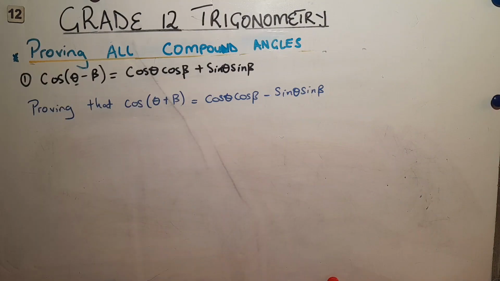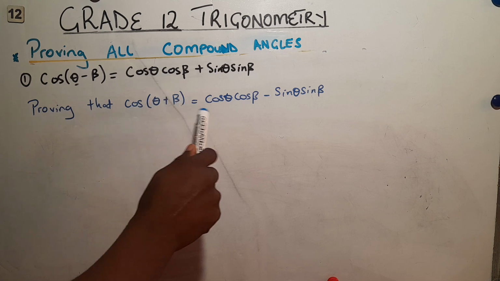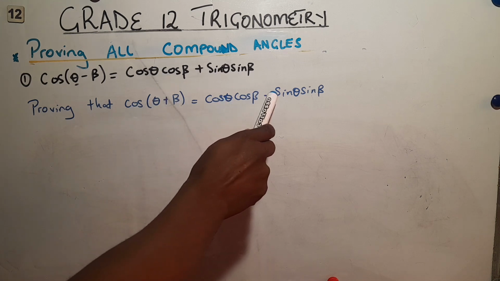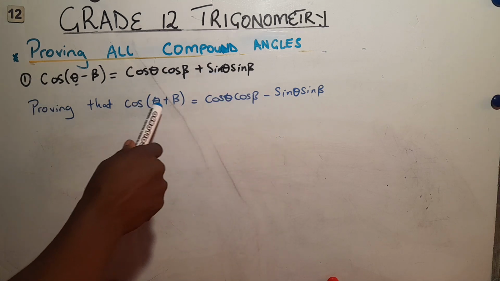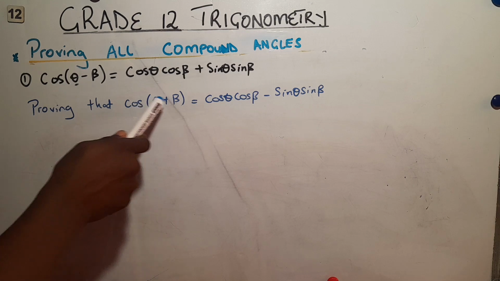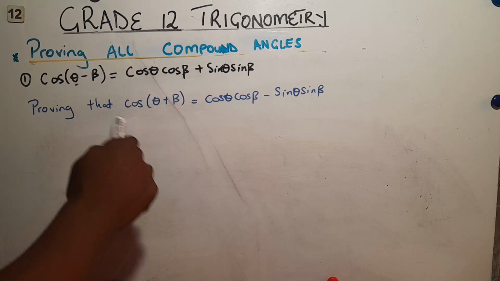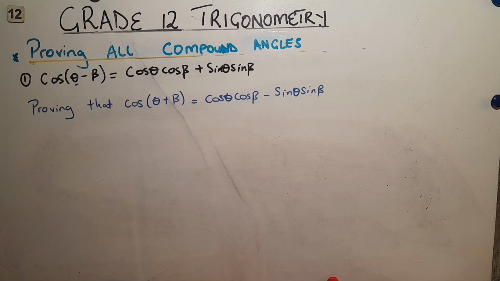Now we are required to prove that cos of (theta plus beta) is the same as cos theta cos beta minus sin theta sin beta, right? So now we use this same identity to prove this identity, right? So how do we do that? We first make this similar to that, with a minus in between. So how can we do that?